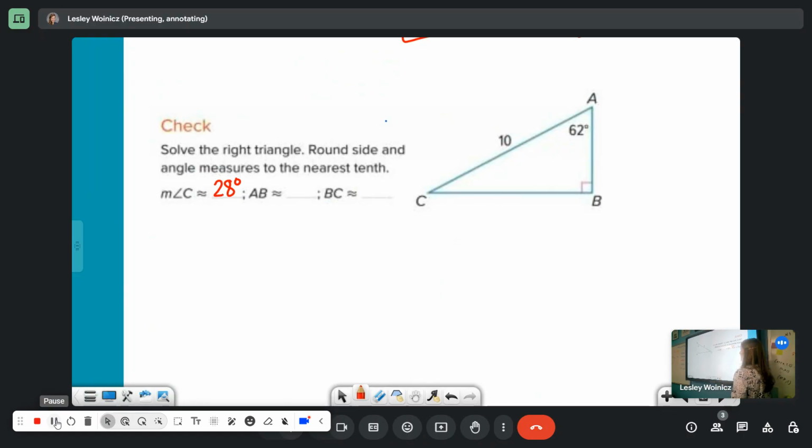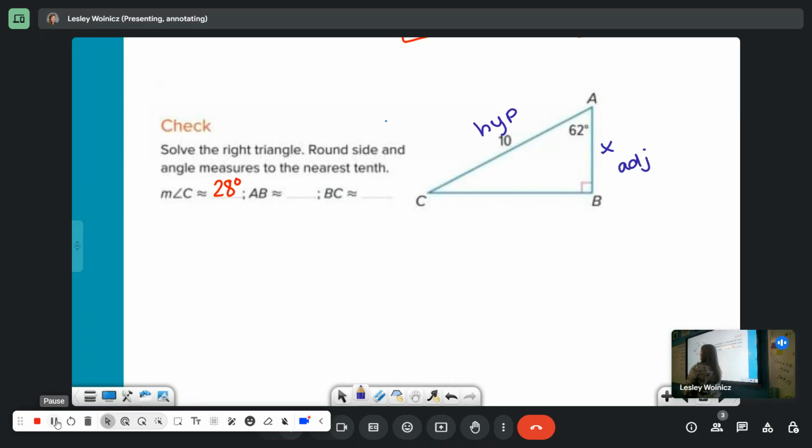All right, how do we find AB? Okay, well, the 10 is the hypotenuse. And AB, can I call that my x? That looks like my adjacent.